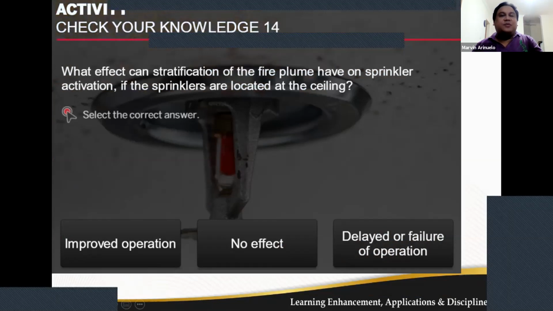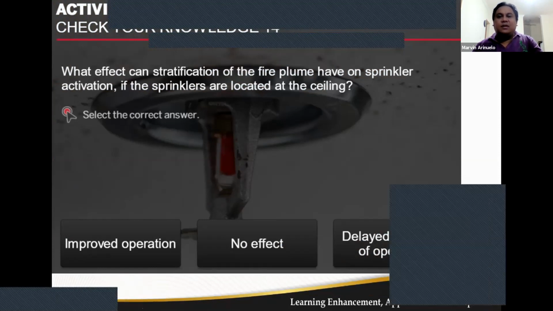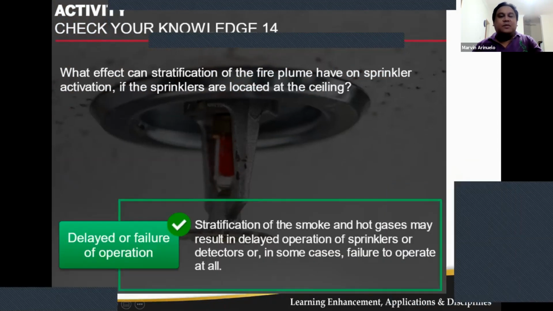What effect can the stratification of the fire plume have on the sprinkler activation if the sprinklers are located at the ceiling? Okay, so that's correct, Mr. Rahil. No? It will cause delay or failure of operation.